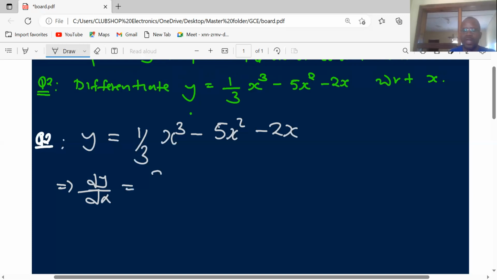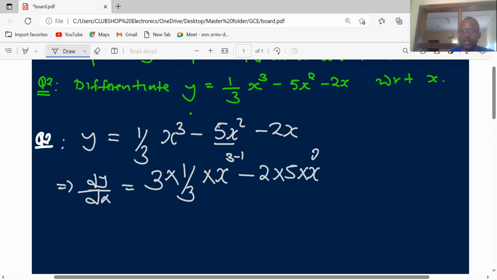You get the power here, which is 3, multiplied by the coefficient, which is 1/3, times x to the power 3, but you remove 1 from the power. Then the next one here, the power is 2, so there will be minus 2 times 5 times x to the power 2 minus 1. Here the power is 1, so it will be minus 1 times 2 times x to the power 1 minus 1.